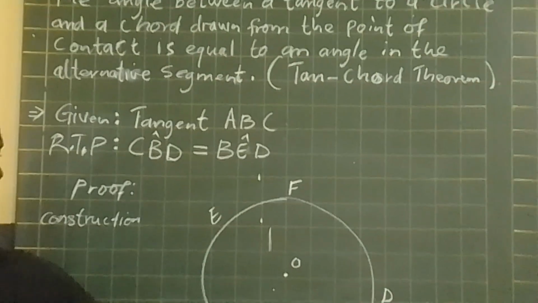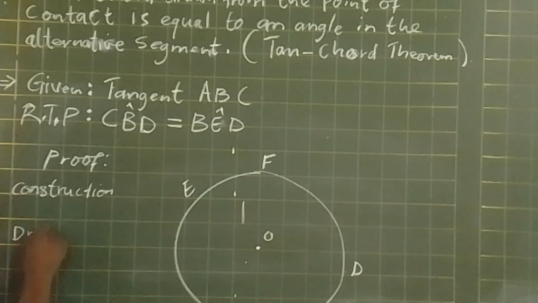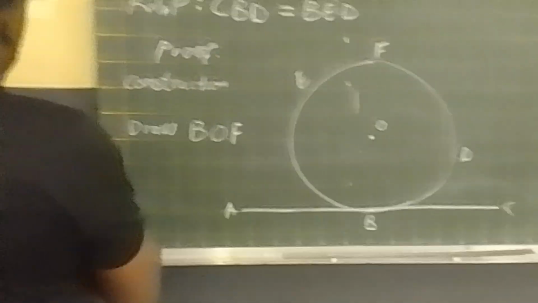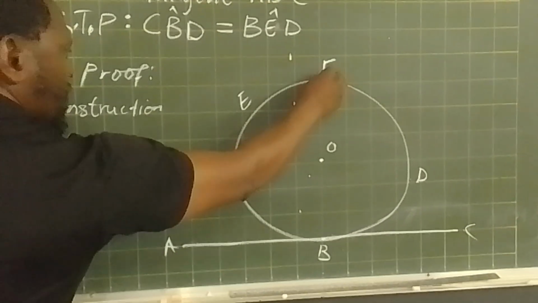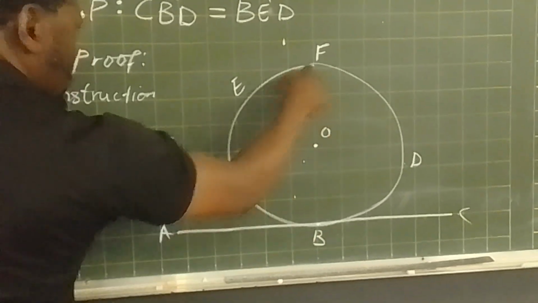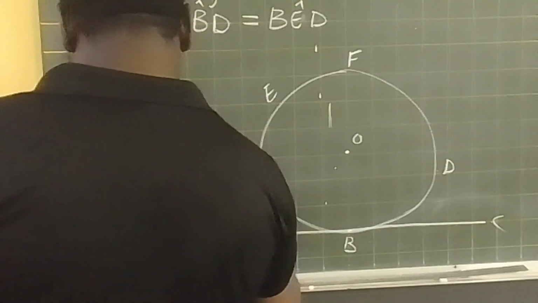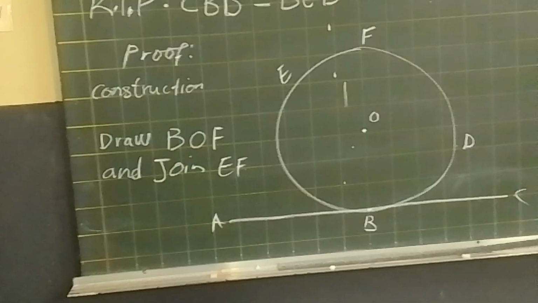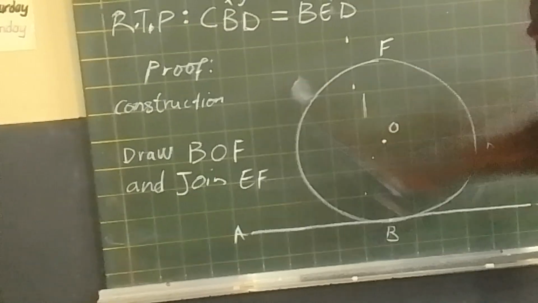You are going to join B and F. Draw B, O, F, and you must join B, E, and you must join E, F. Let me just move this E a little bit further.